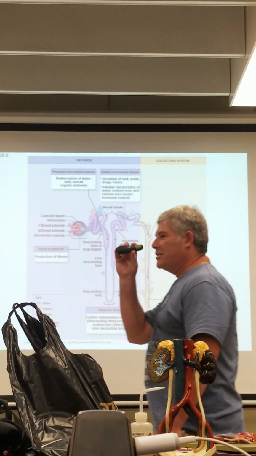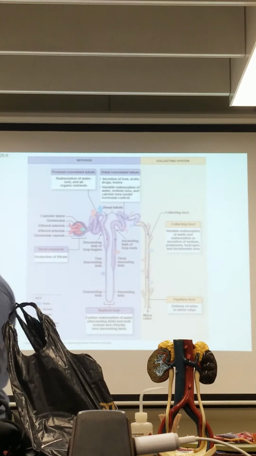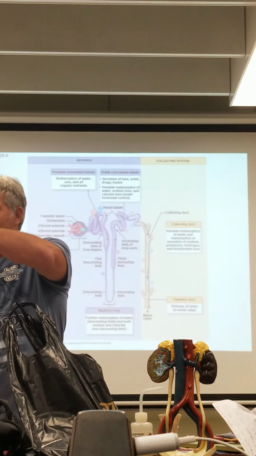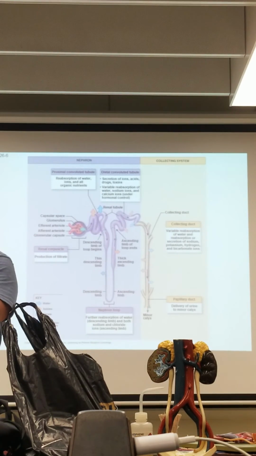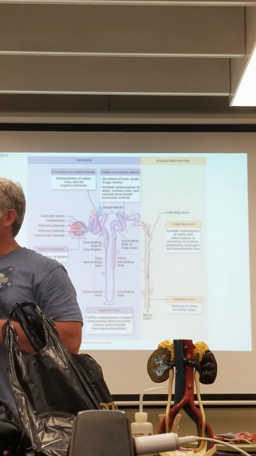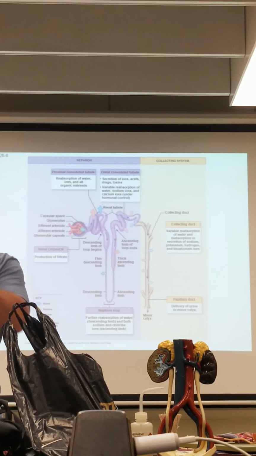Now, there's a difference between Bowman's capsule and the renal corpuscle, okay? Even though they look the same. Guys, here's the capsule. What's it called? Bowman's capsule, or renal capsule, okay? Guys, if I add the glomerulus to Bowman's capsule, guess what it's called?